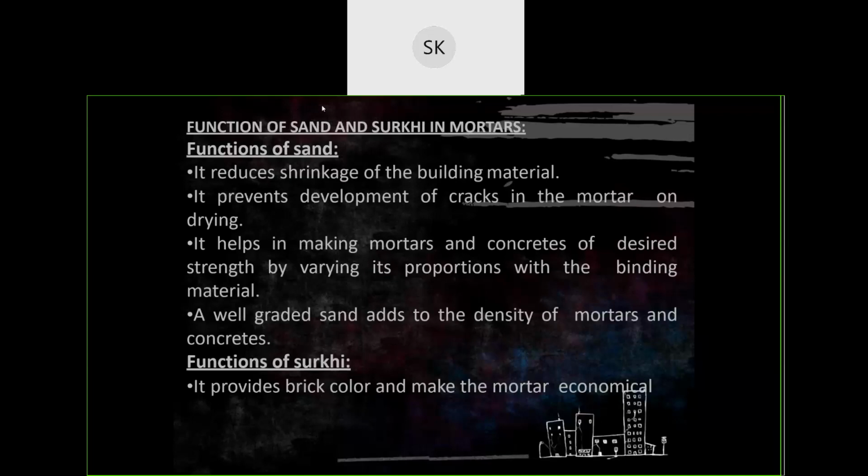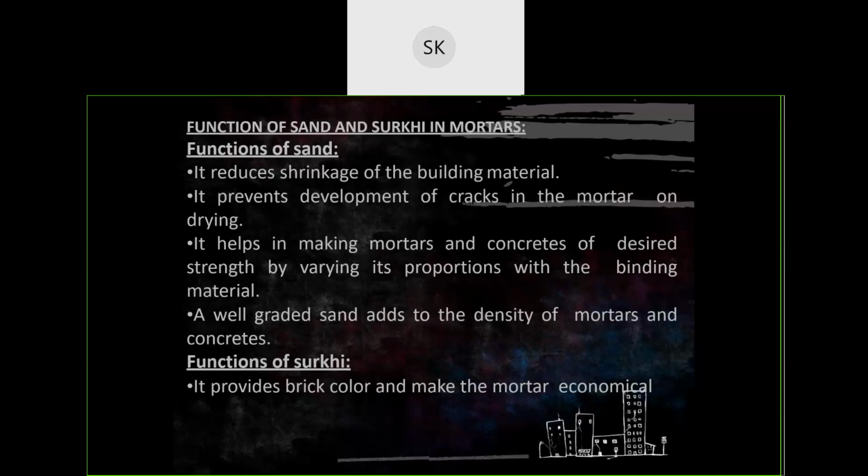Now these are the functions. I have paused. These are the functions of sand. So what is the function of sand in mortar? It reduces shrinkage of the building material. It prevents development of cracks in the mortar.